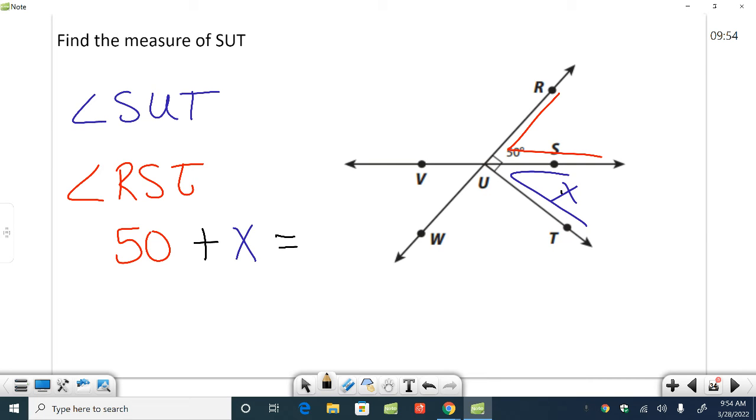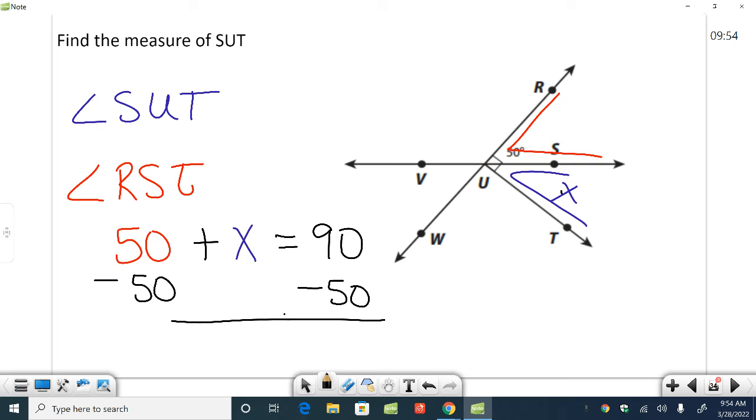What do these two angles equal together? They equal 90. So now subtract 50 from both sides. Angle X is 40 degrees.